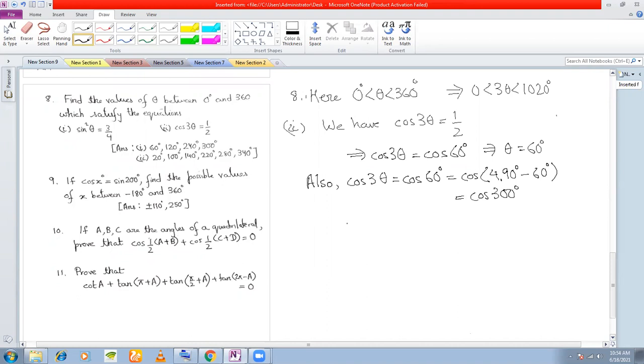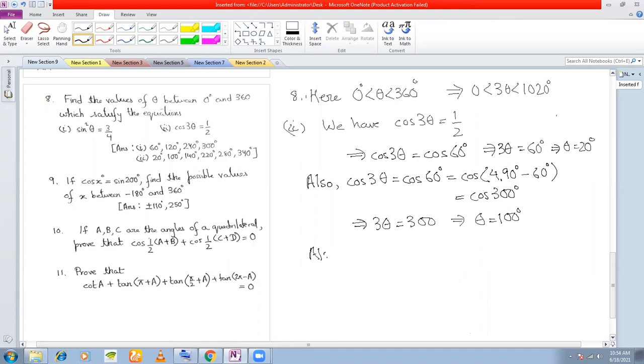That means in the first one we get 3 theta is equal to 60, so theta must be equal to 20. Now here we are getting 3 theta is equal to 300 degrees, that means theta is equal to 100 degrees, right?